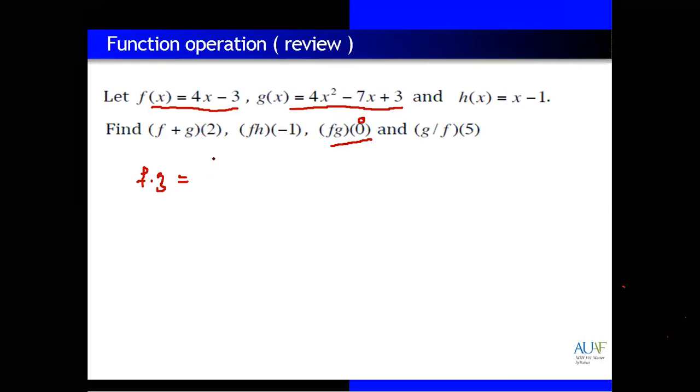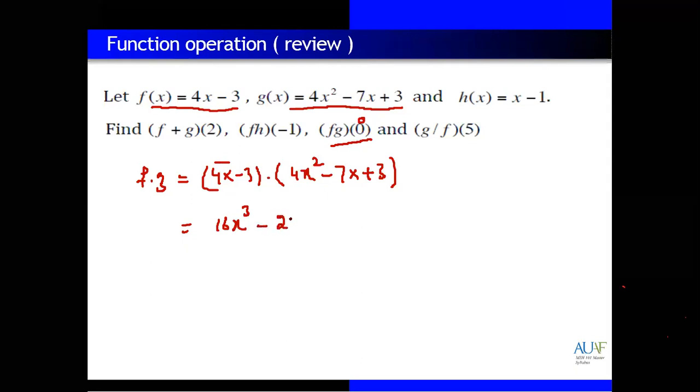First f, which is equal to 4x minus 3, multiplied with g, whose value is 4x square minus 7x plus 3. Multiply 4x with all these three terms. 4x with 4x square equals 16x cube. 4x with minus 7x equals minus 28x square.